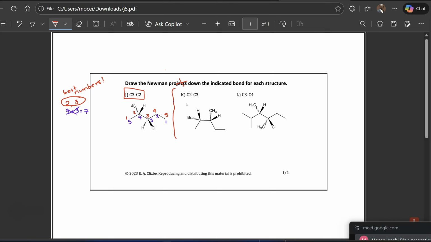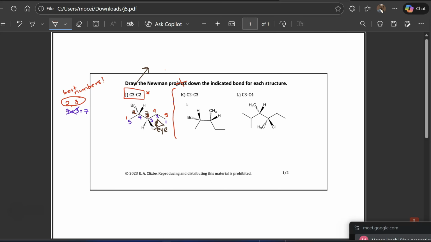So the question tells me to look through C3, C2. C3, C2 means that my eye should be here. That's where your eye should be. This is my 3, and this is my 2.